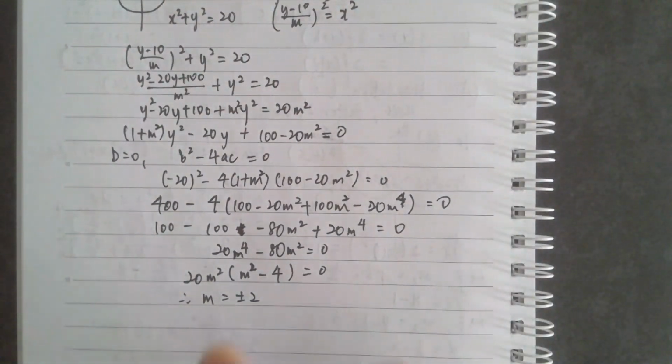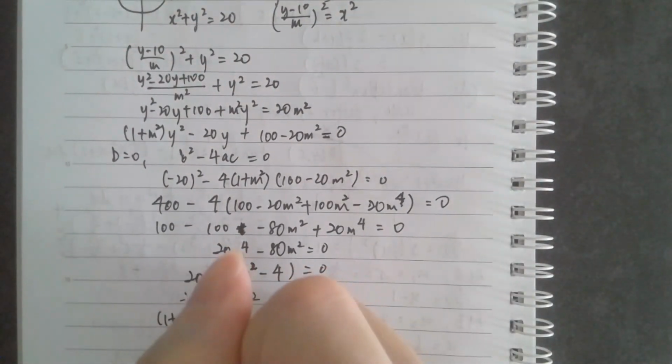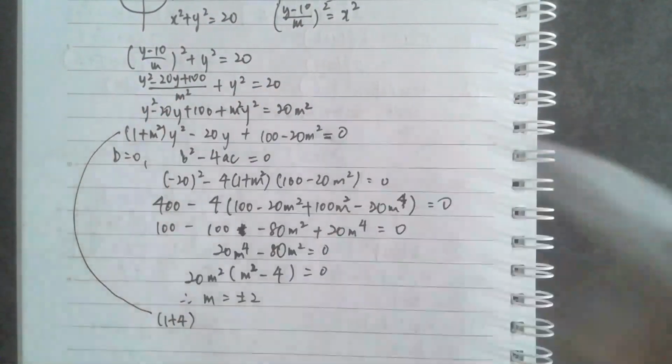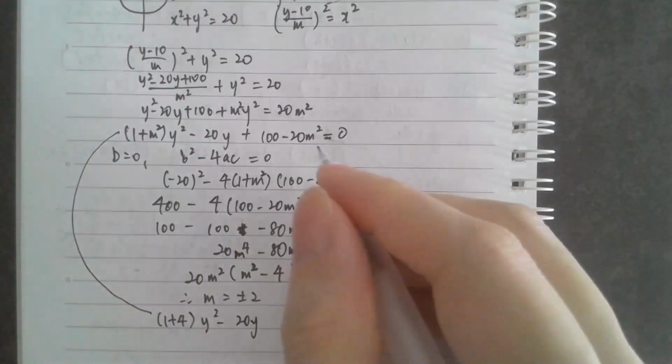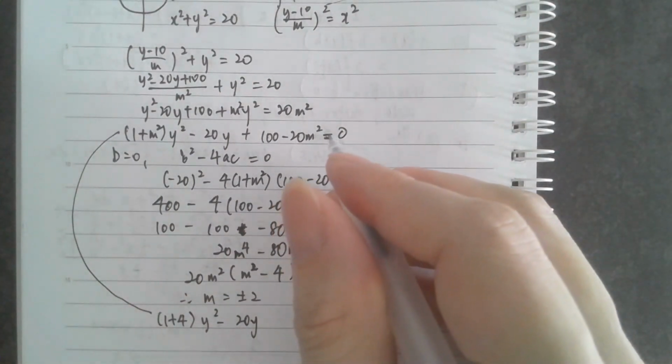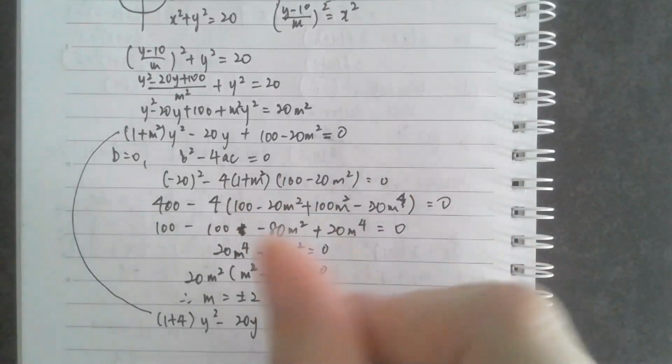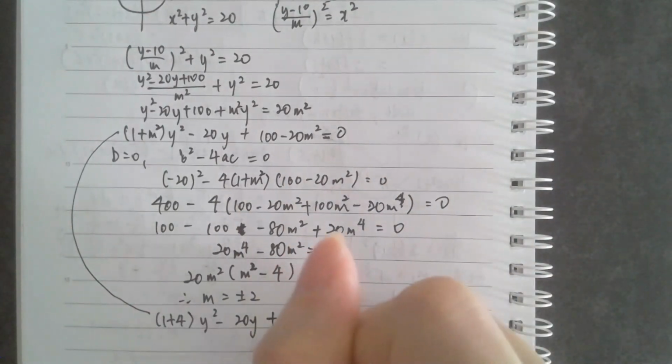So if m is 2, 2 squared is 4. So 1 plus 4. Maybe I'll just draw an arrow here. I can just use that equation right there. So 2 squared is 4. 4 times 20 is 80. Plus 20.